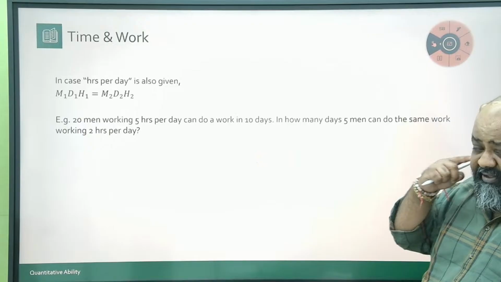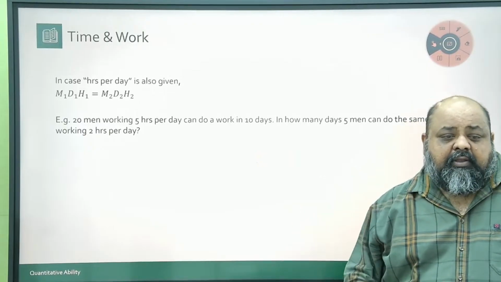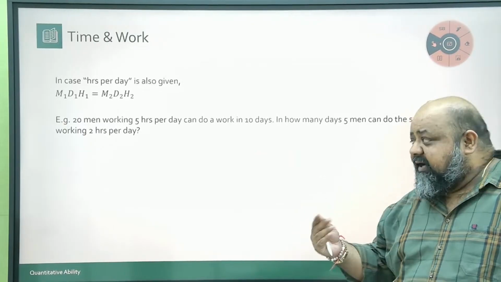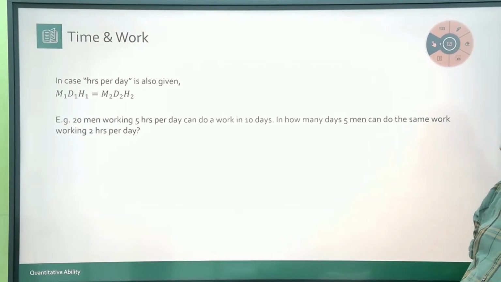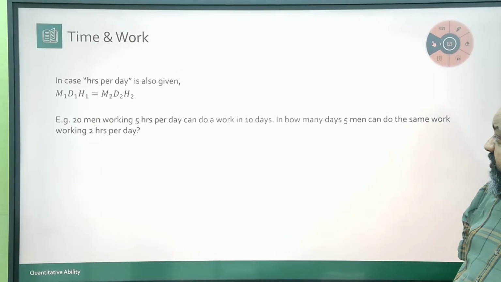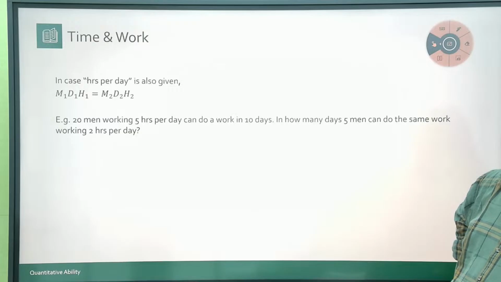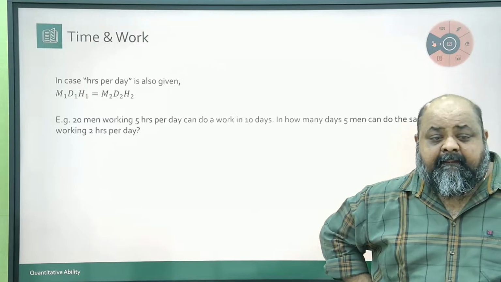So if I again, in the previous setup question, add the information and I say 20 men working for 5 hours per day can do a job in 10 days. So the number of men is there, hours per day is there, number of days is there. In how many days can 5 men do the same work working 2 hours per day?